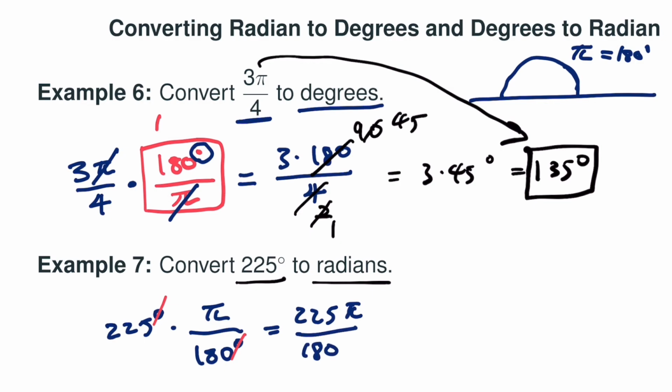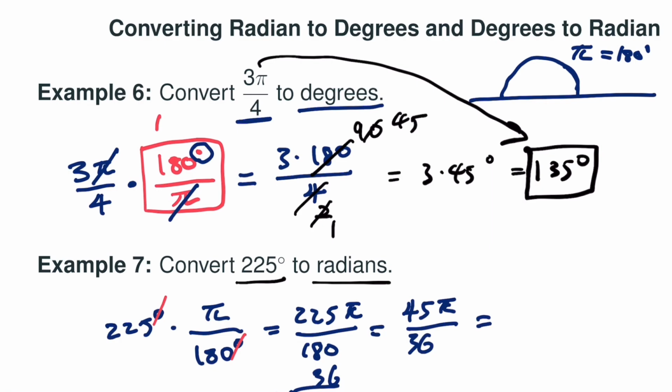Let's simplify. Both of them can be divided by 5, right? So it would be 45 pi over... let's see how many times 5 can go into 180. 5 times 36.